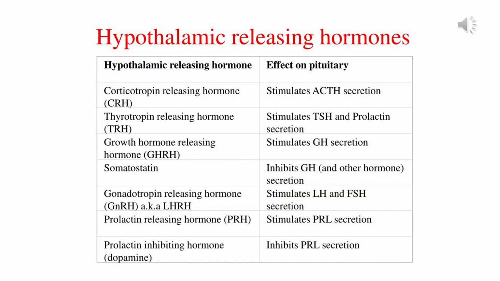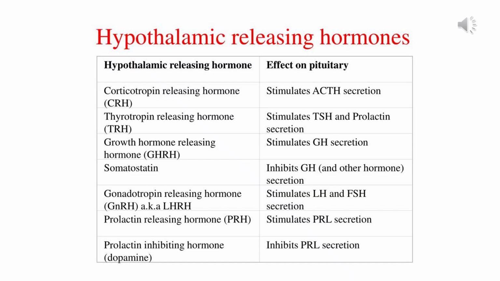So I did mention CRH, corticotropin releasing hormone, made by the hypothalamus, binding on cells called corticotropes, prompting them to release their hormone, which is ACTH, adrenocorticotropic hormone, stimulates the release of steroid hormones from the adrenal cortex.